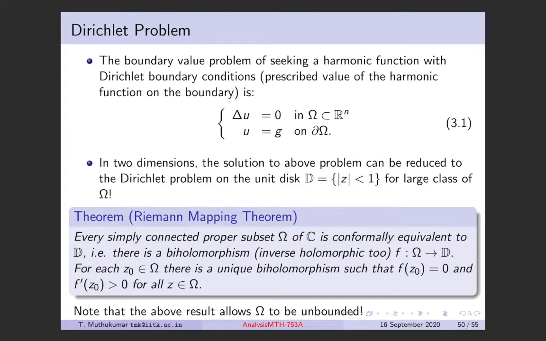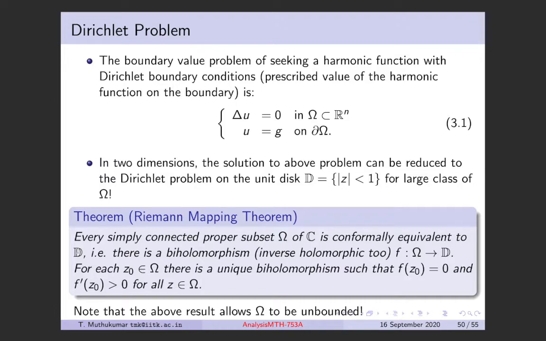So basically it says that every simply connected proper subset, you cannot take the full complex plane, any proper subset which is simply connected is conformally equivalent to the unit disk. And what does conformally equivalent mean? It means that there is a holomorphic function which is a bijection from the set to the unit disk such that the inverse is also holomorphic. So it's called a biholomorphism.